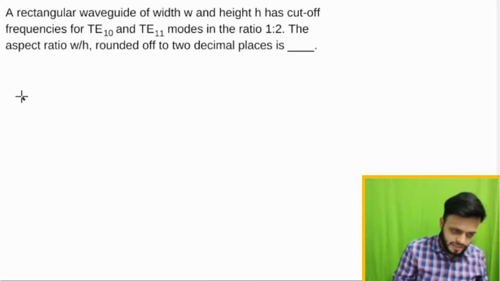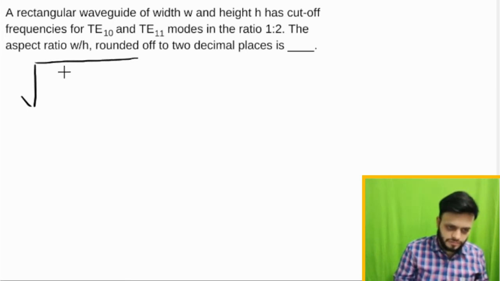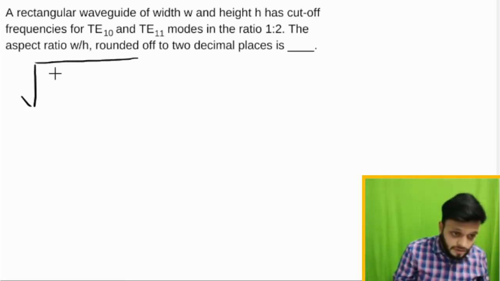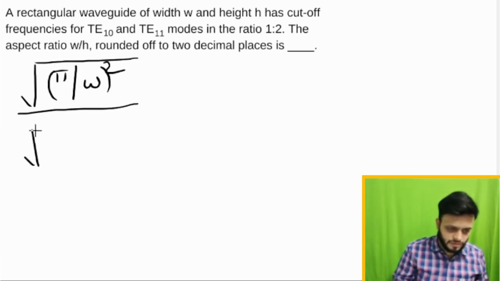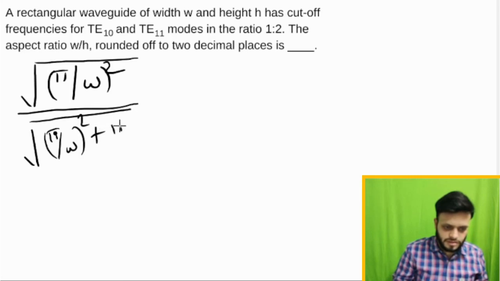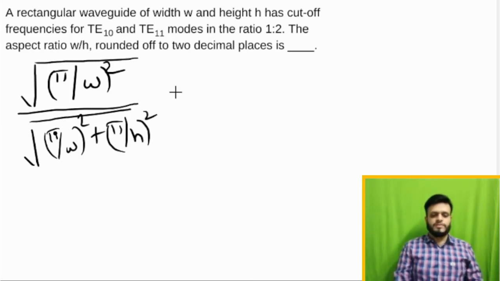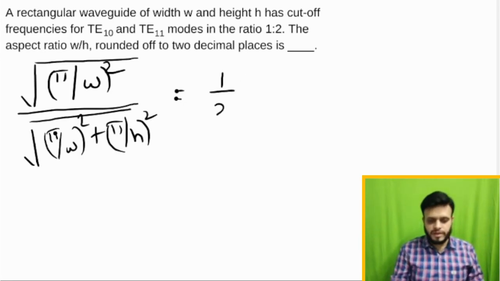So the numerator will be pi by w, over square root of (pi by w) square plus (pi by h) square, which is equal to 1 by 2.